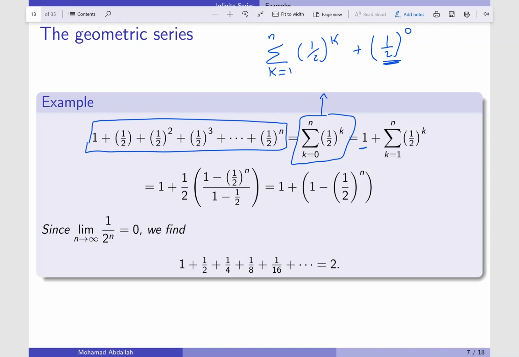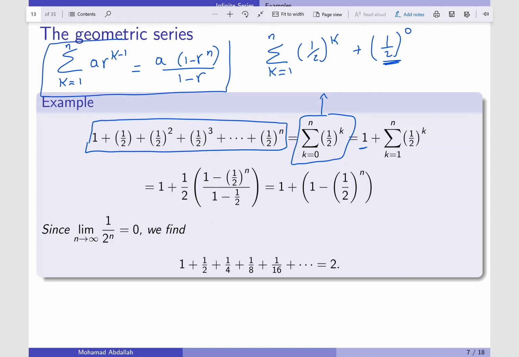I still cannot use my formula properly, because remember, my formula was this summation, the sum from k equals 1 to n of a multiplied by r to the power k minus 1, which is what gives me a times 1 minus r to the power n over 1 minus r.